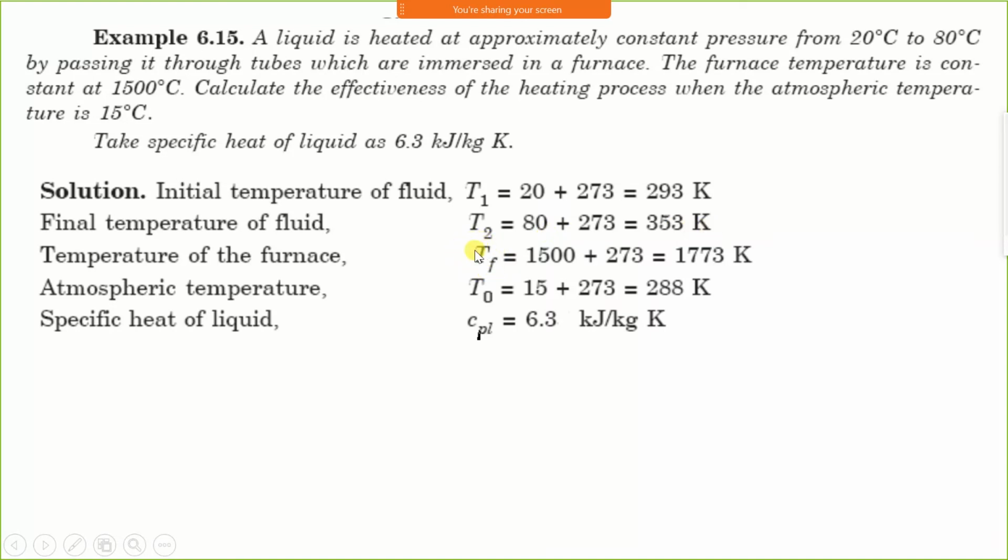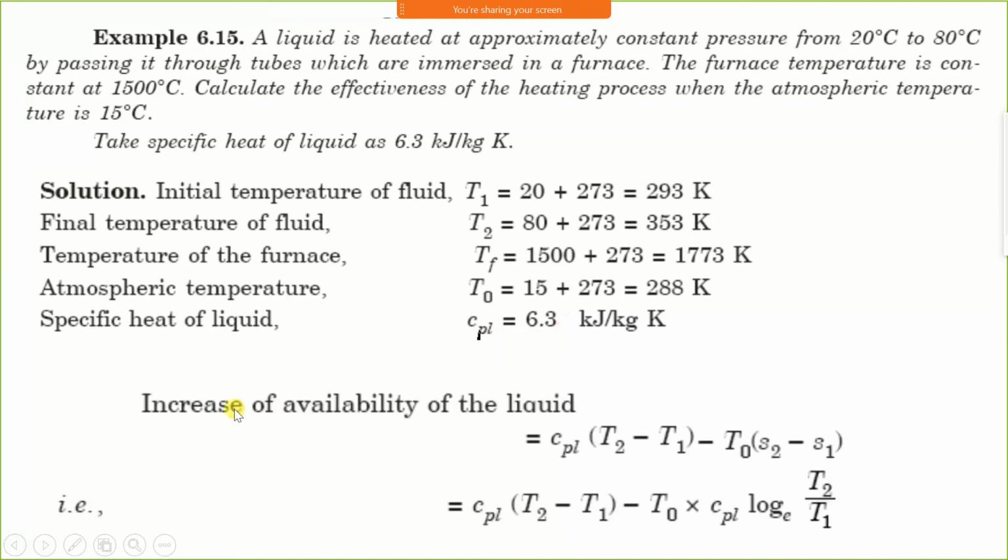TF is the temperature of furnace, 1500 degrees Celsius, that is 1773 Kelvin. Atmospheric temperature T0 is 15 degrees Celsius, that is 288 Kelvin. Specific heat of liquid is given, that is CPL, 6.3 kilojoule per kg Kelvin.